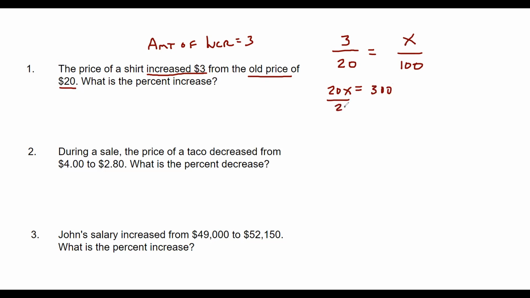And then, as a familiar last step, we divide by whatever x is being multiplied by. In this case, 20. That cancels the 20 out, and it leaves us with x is equal to 15. And we want to remember that this means 15%. And because the price of the shirt increased, this is a 15% increase.